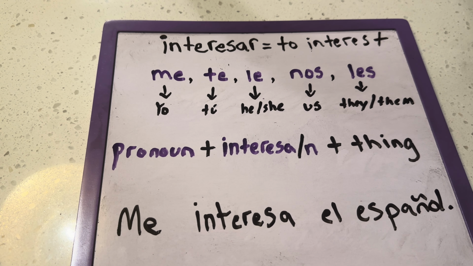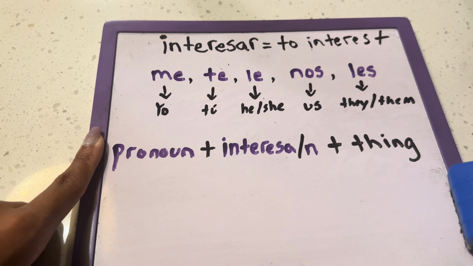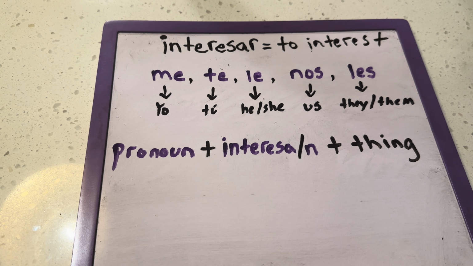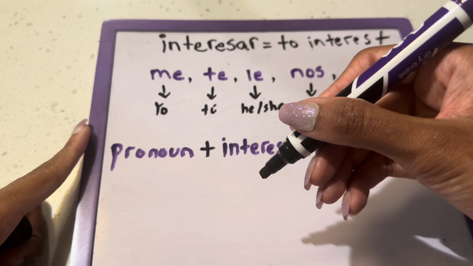Now, let's look at the plurality version. If we want to say more than one thing, we can say, let's say, for example, businesses. Let's go with that. We can even learn a new vocab word.